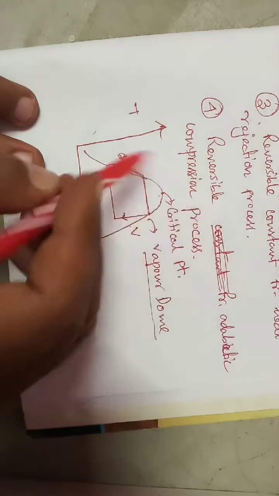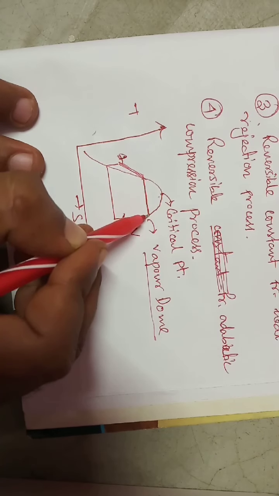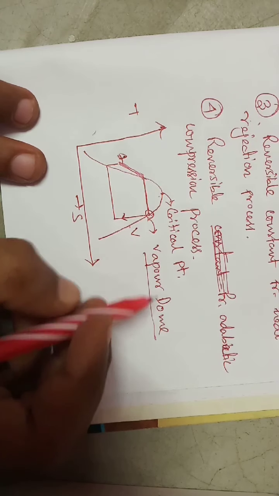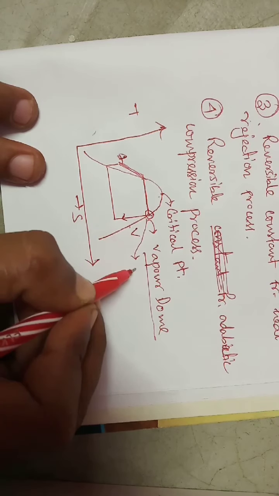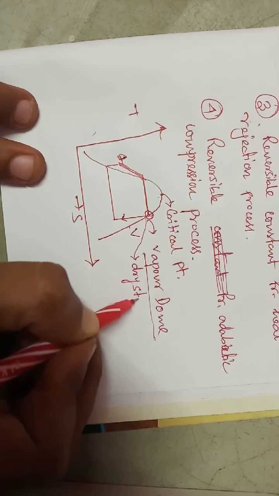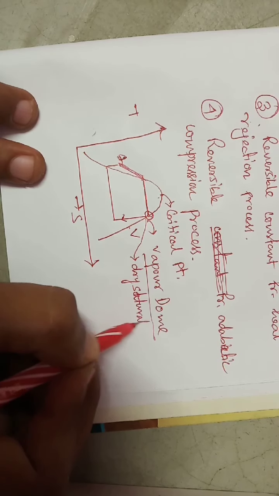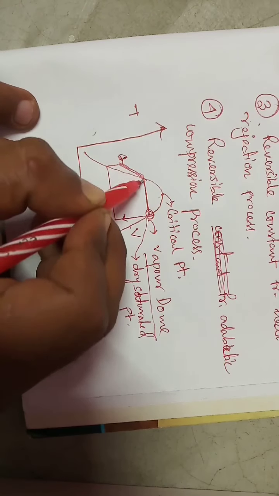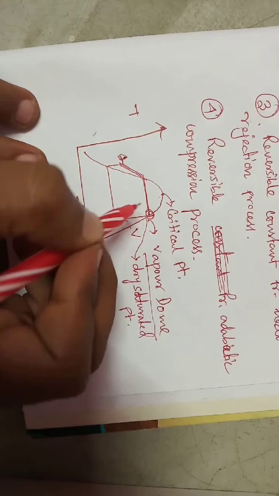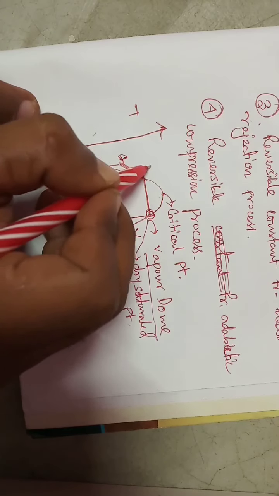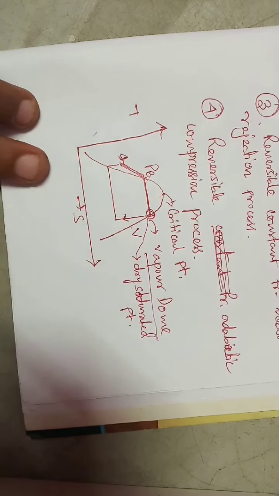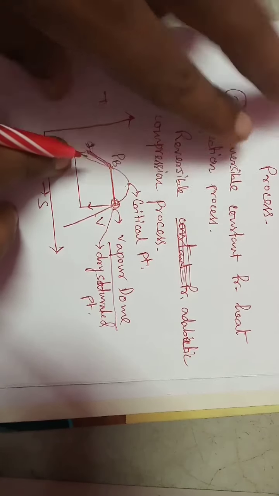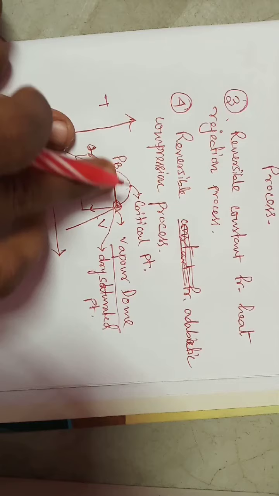So we can see that this is constant pressure, and this point is the dry saturated point for this pressure. Suppose it is a boiler pressure, so we can say it is P boiler.